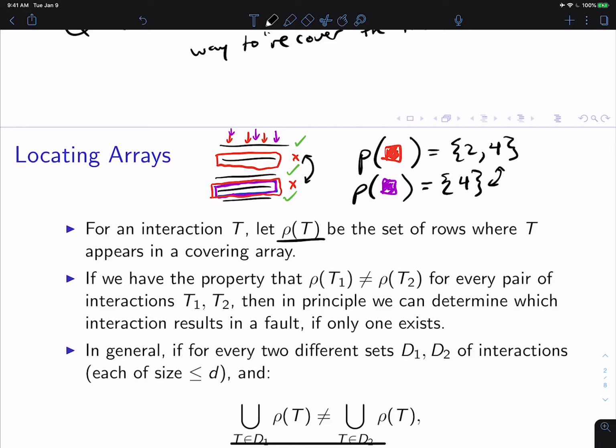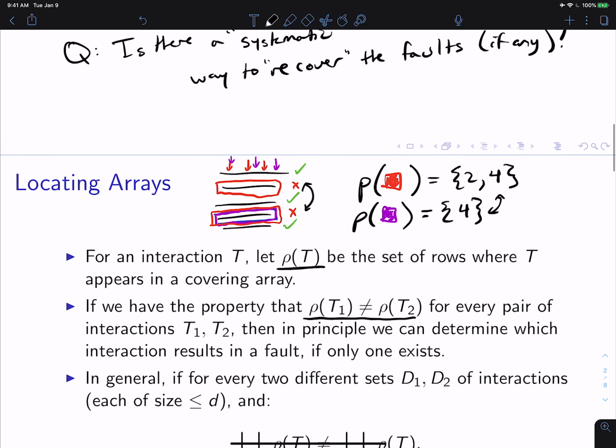So if we have the property that the two sets are different for every pair of interactions, and if there's only one faulty interaction in the system, then we can recover which interaction causes the fault.